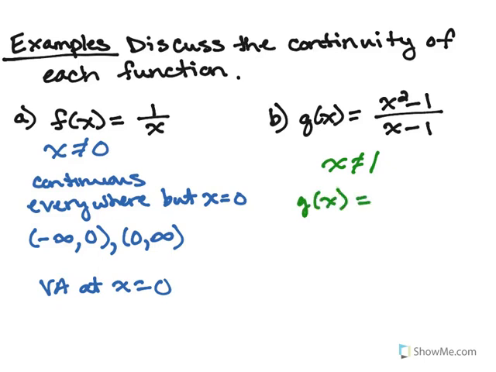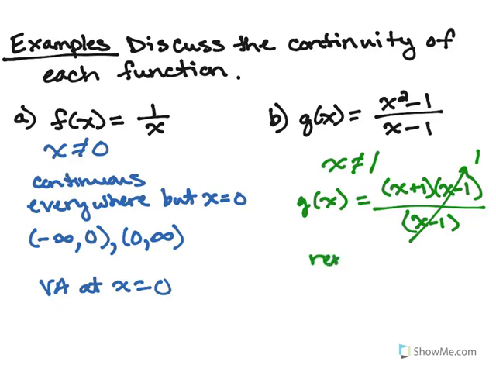Right? I see that the numerator is a difference of squares, so I can factor that. And then the x minus 1s will simplify, which means I just removed it, right? It's a hole. So this one's removable.